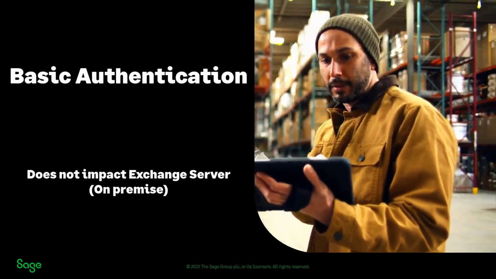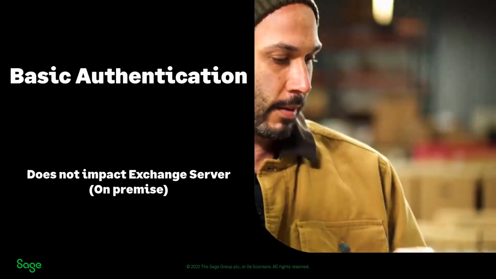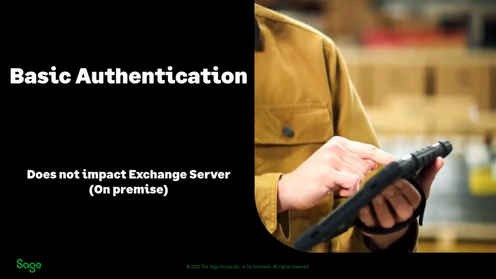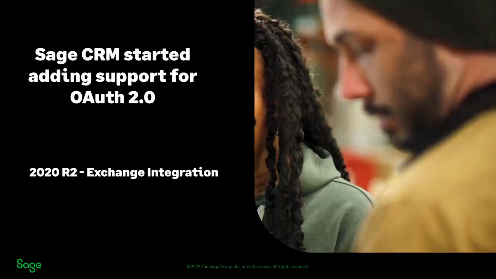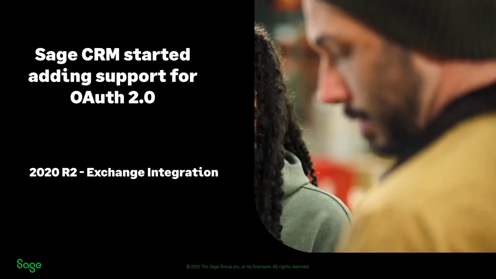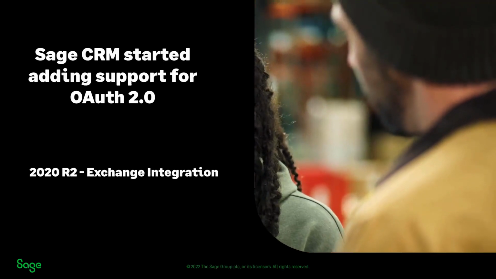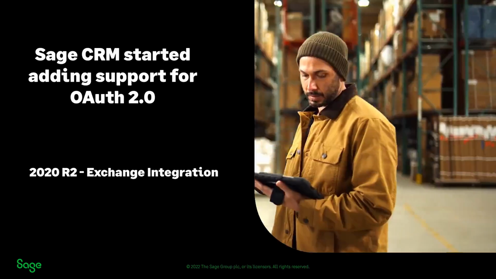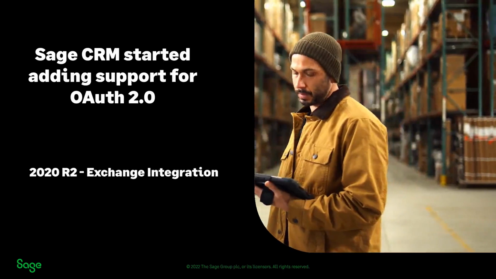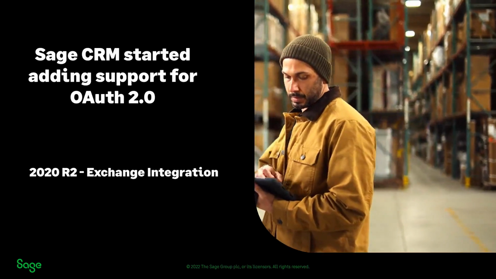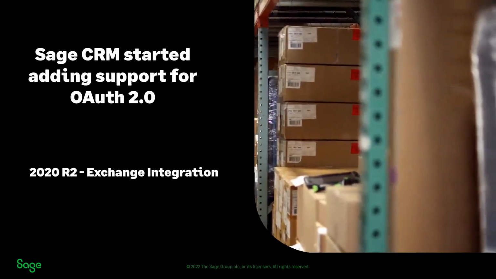Well, support for OAuth 2 or modern authentication for specific features has been added into different versions of Sage CRM. We first added Exchange integration with OAuth 2 in Sage CRM 2020 R2 onwards.